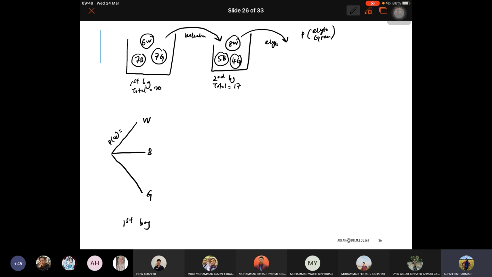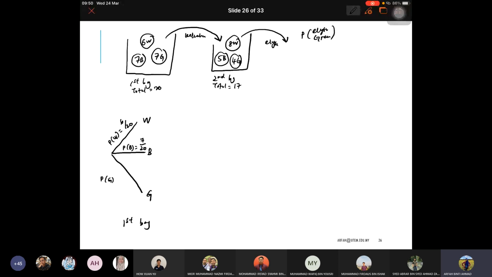So, the probability of getting white on the first bag is 6 per 20. The probability of getting black on the first selection by Fasha is 7 per 20. And the probability of getting green is also 7 per 20.